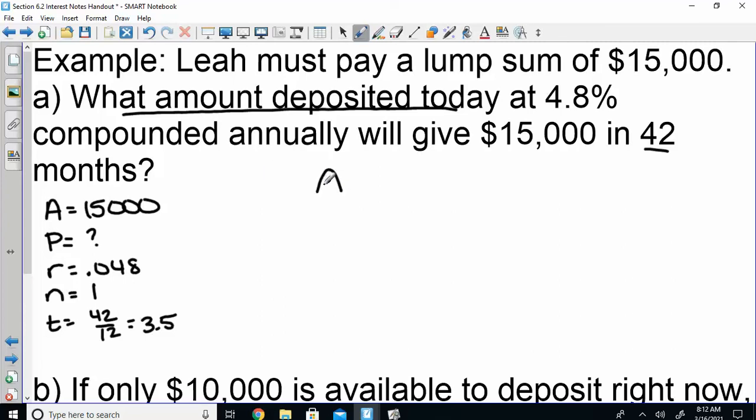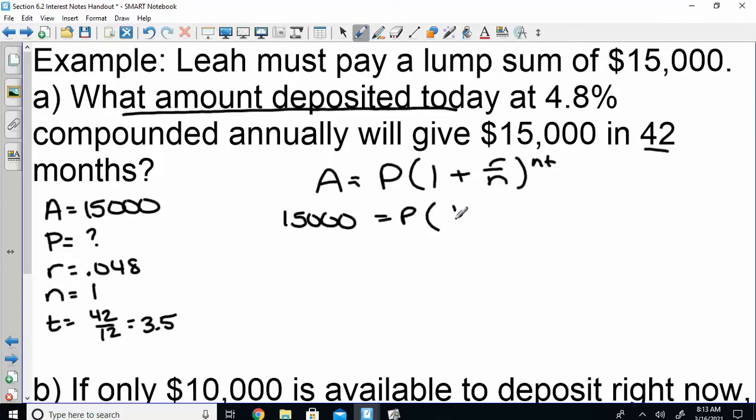Okay, so again, we're using the same formula, A equals P, 1 plus R over N to the NT. Plug in what we have. So 15,000 equals P, 1 plus R, 0.048 over N, which is 1, to the 1 times 3.5 power.